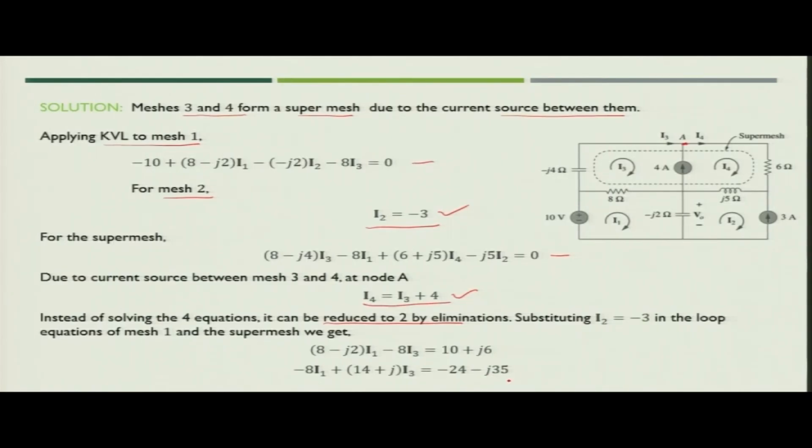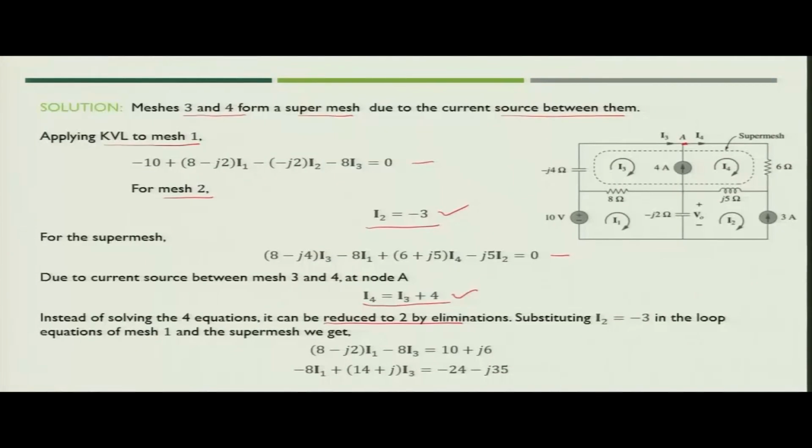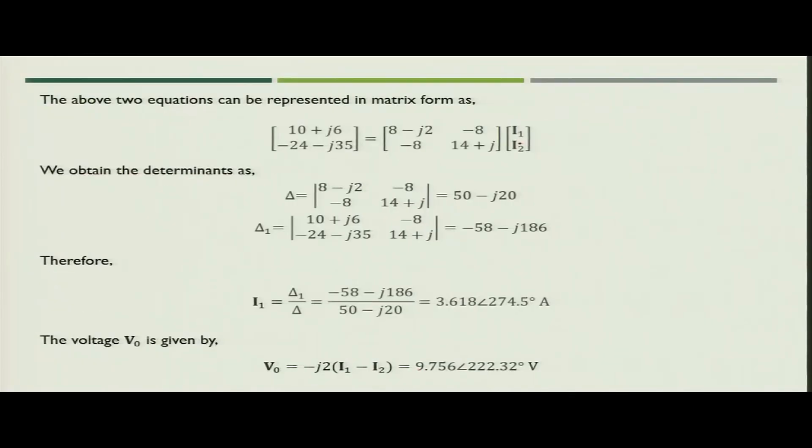So, we have now these 2 equations which we can compile in the form of a matrix. On the left side, we will have a vector containing elements 10 plus j6 and minus 24 minus j35, then the matrix having elements 8 minus j2 and minus 8, and 14 plus j, and then the currents, that is I1 and I3.